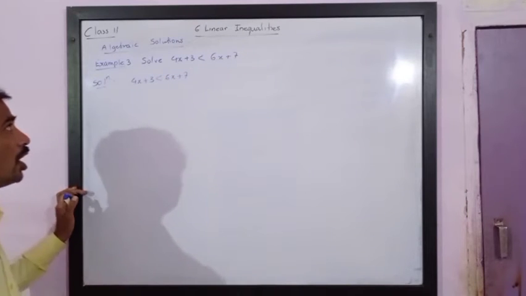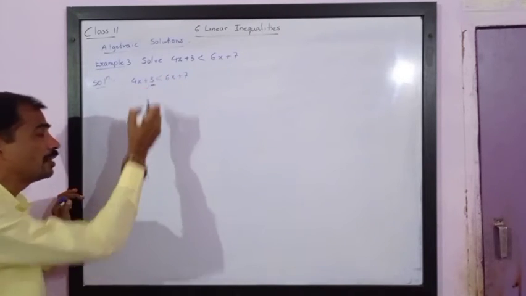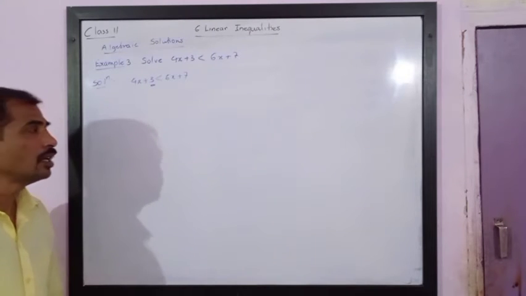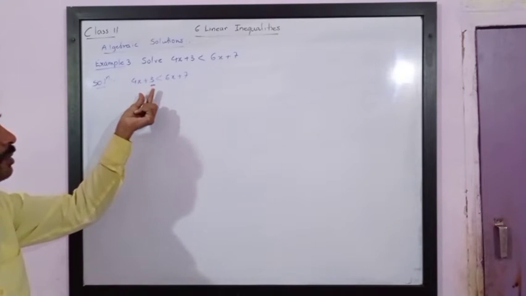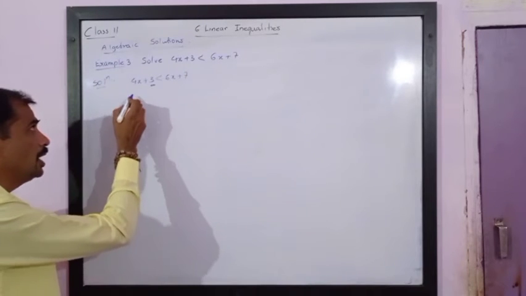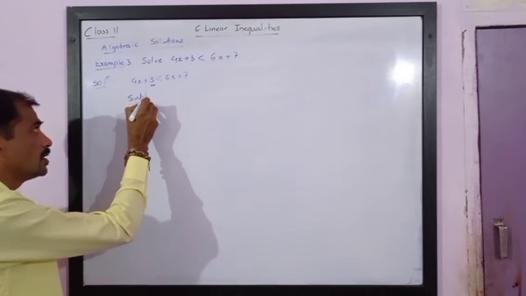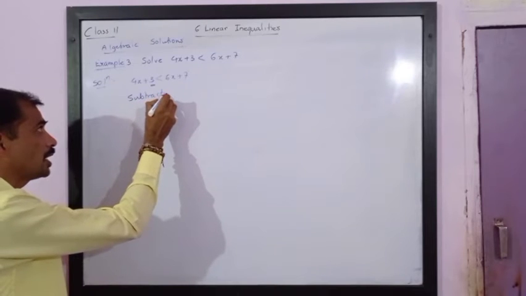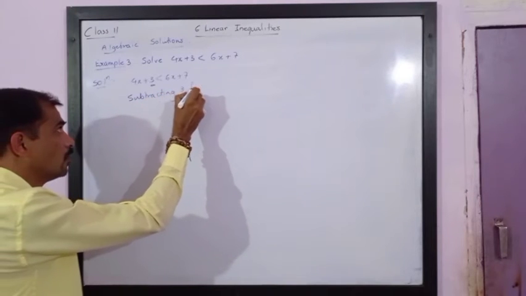Here, we will first eliminate 3. We have already studied that if we add or subtract the same number from both sides, the inequality remains the same. So we subtract 3 from both sides.